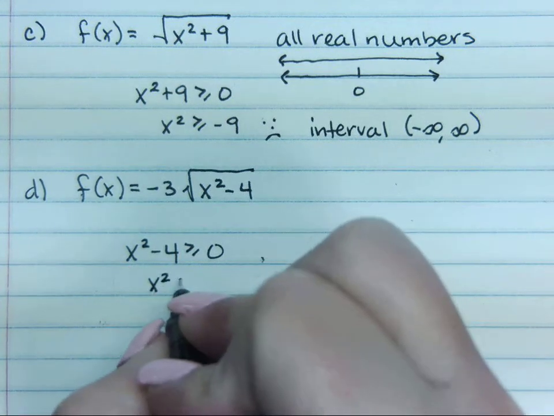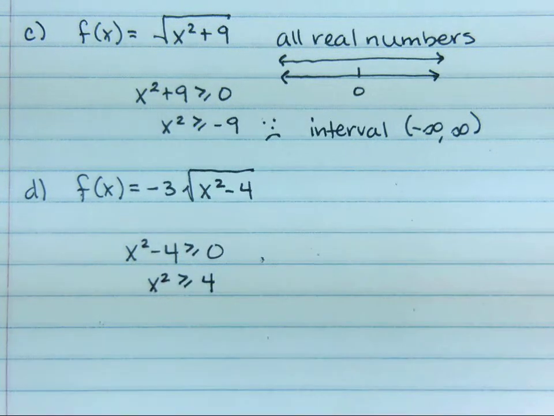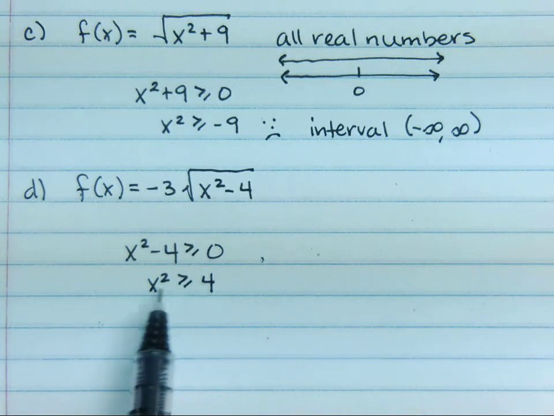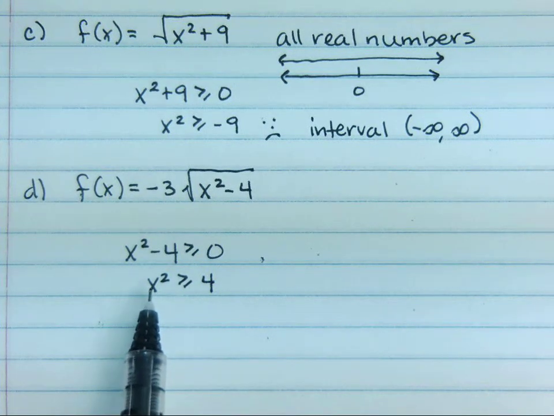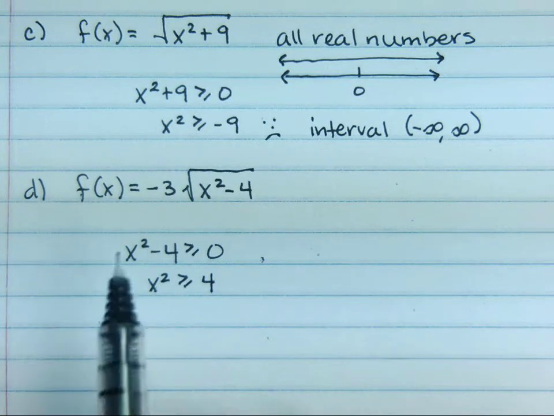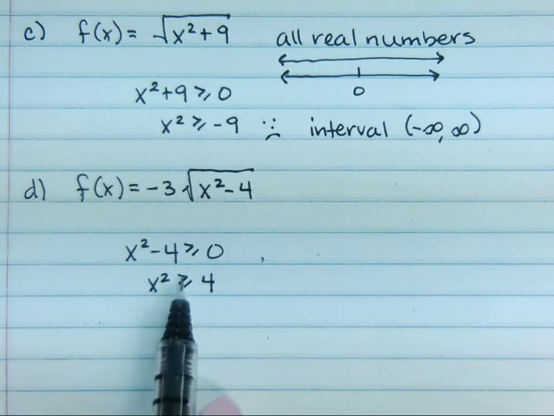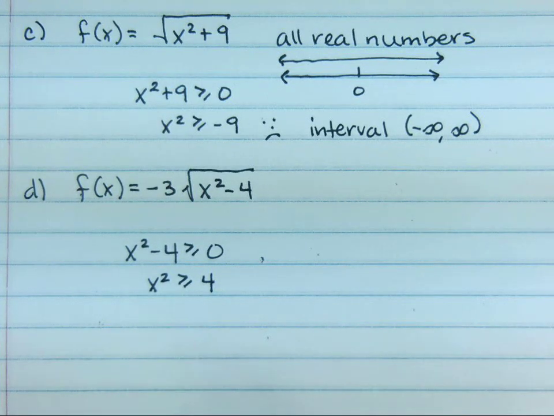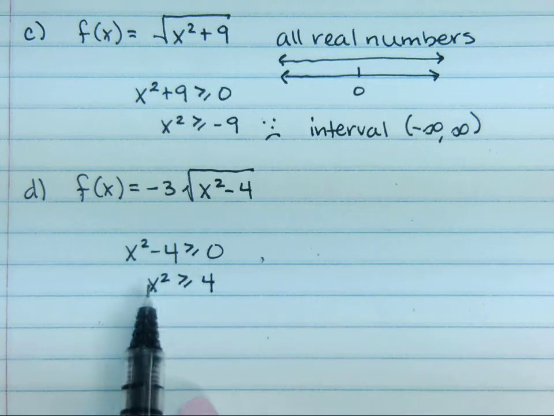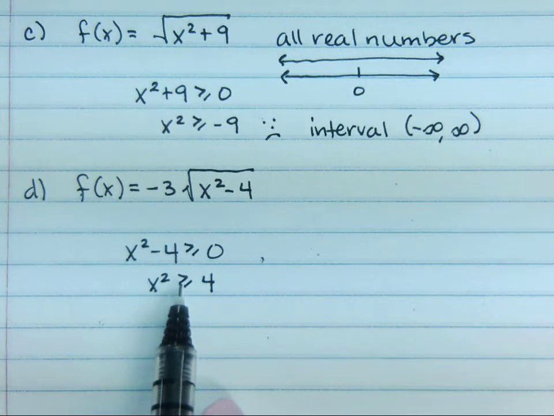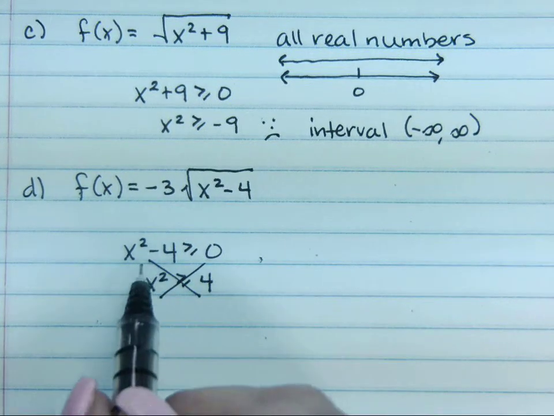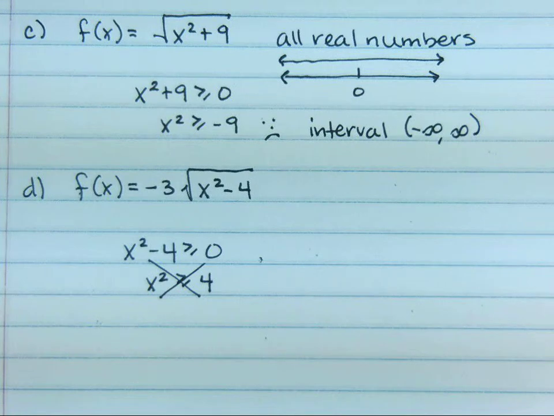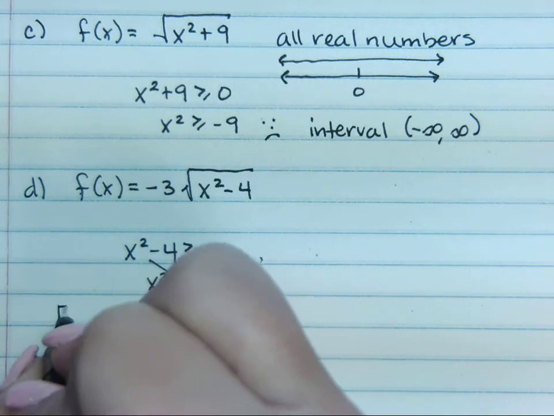When I move my 4 over, I could actually do that, but this is going to lead me down a weird path. I don't want to use the square root property on this. You're not allowed to use the square root property with an inequality symbol, because it gives a weird answer that's not really true. So I don't want to go down that road. I want to leave my variable and my constant on the same side, and factor instead.